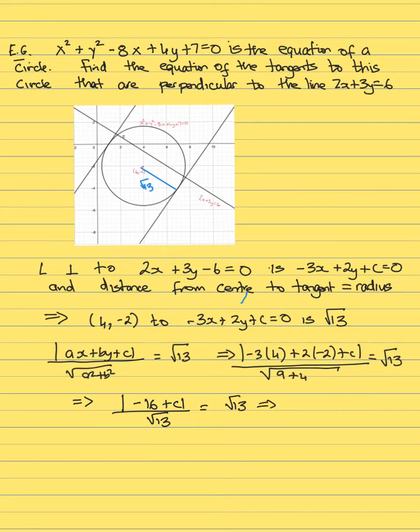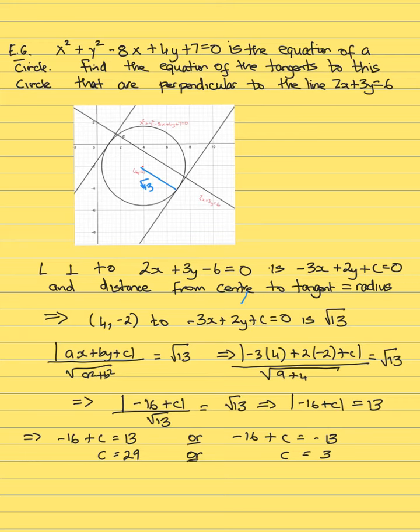Multiplying both sides by root 13, we have the absolute value of minus 16 plus c equals 13, and that means that minus 16 plus c is equal to 13, or minus 16 plus c is equal to minus 13, because of the absolute value sign. And just solving for c, c is equal to either 29 or c is equal to 3.